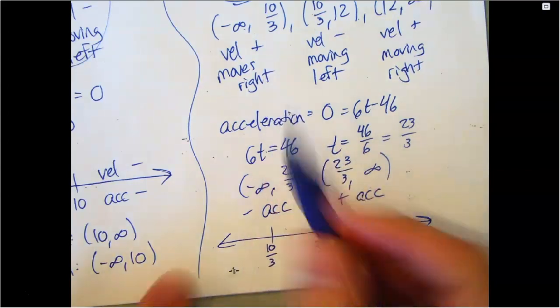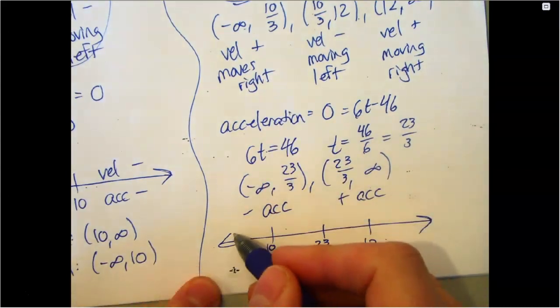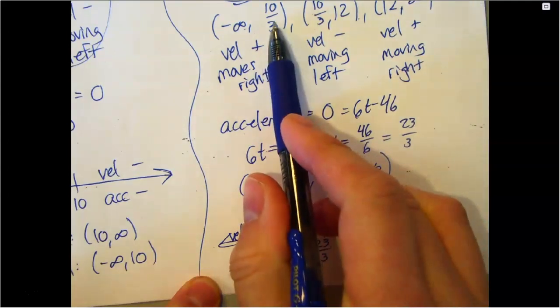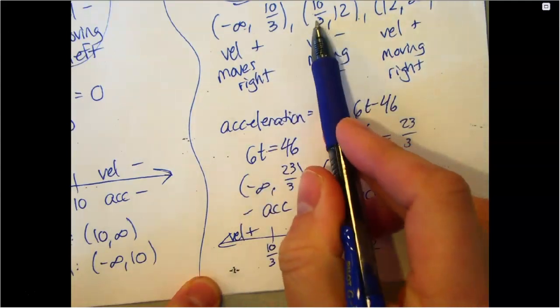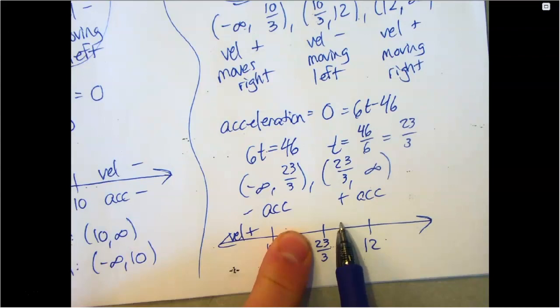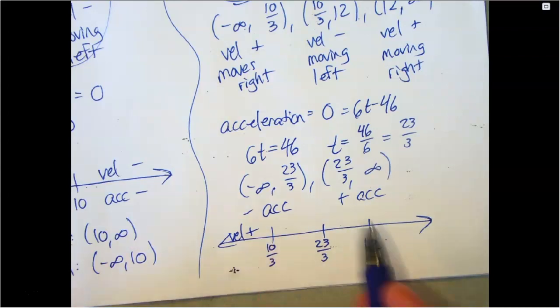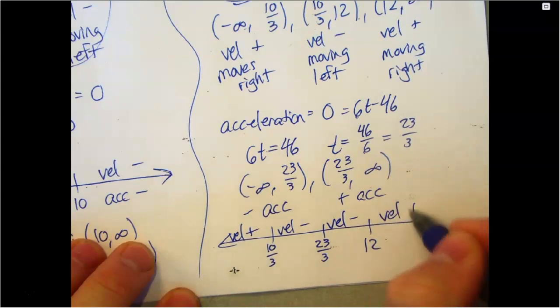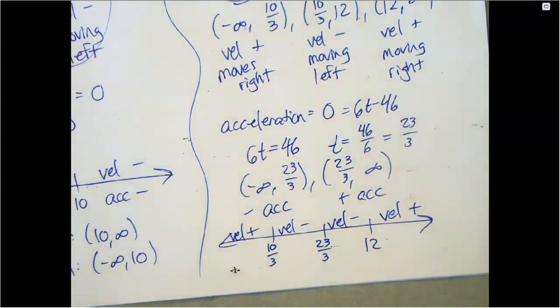So I know it moves to the right. Velocity is positive up until 10 thirds. Velocity is negative between 10 thirds and 12, which is going to cover both of these sections. And then to the right after.